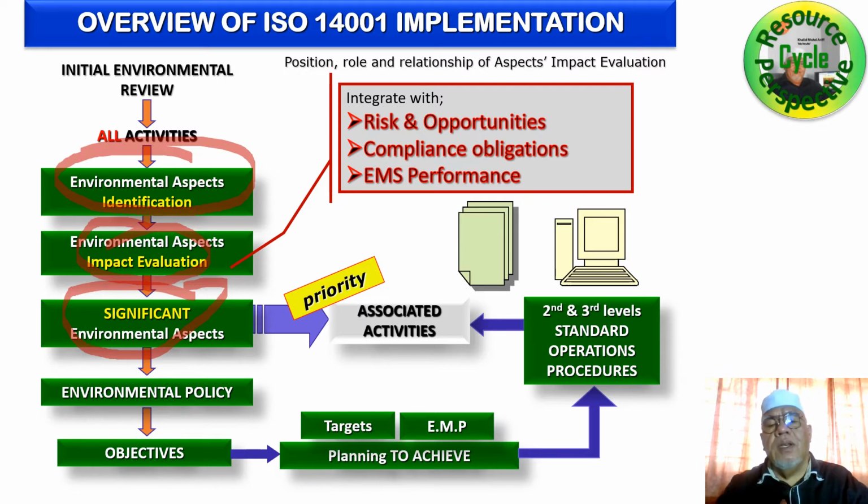Now, after that is done, we know our company's position in environmental management, and based on that, we shall formulate what is called the company's environmental policy. It has to be based on our position in environmental management.